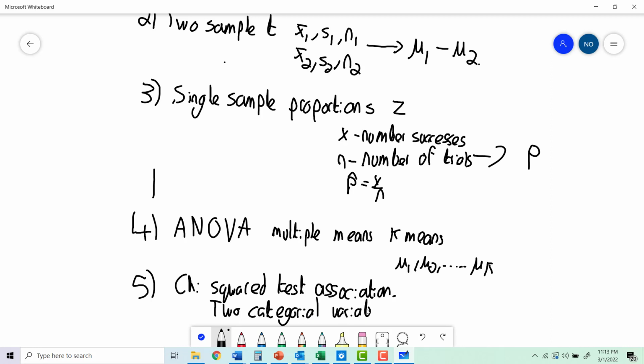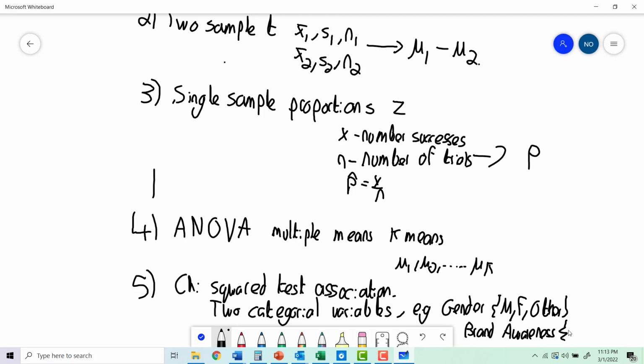For example, we could have gender, male, female, and other, and brand awareness. So we're looking at an association between gender and whether somebody's aware of a brand. Say we're a cell phone gaming company, and we're worried that females are less aware than males. So brand awareness, yes and no.